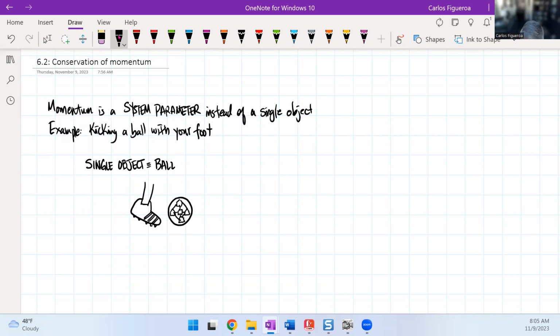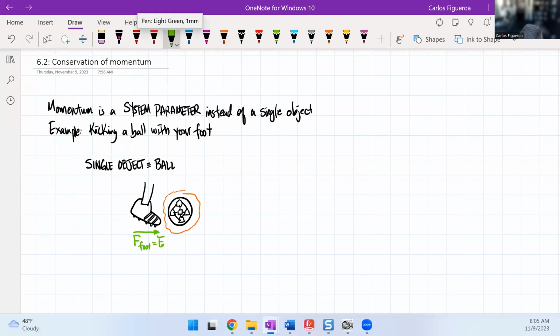So when I envision a single object, what I'm really focused on is the ball. So then what I see happening is that I have a force coming in, which is the force of the foot.